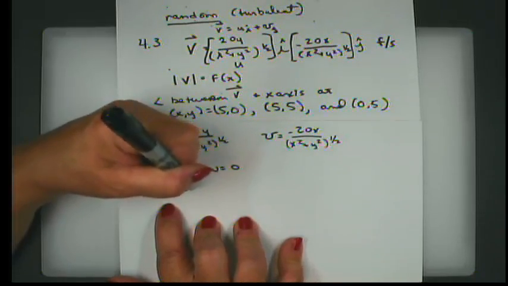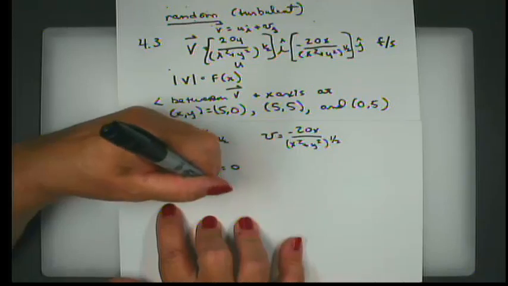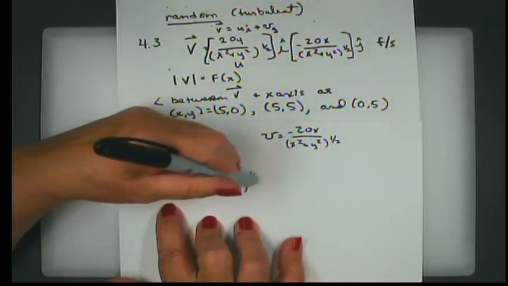Well, we know that that's u squared plus v squared raised to the 1/2 power.